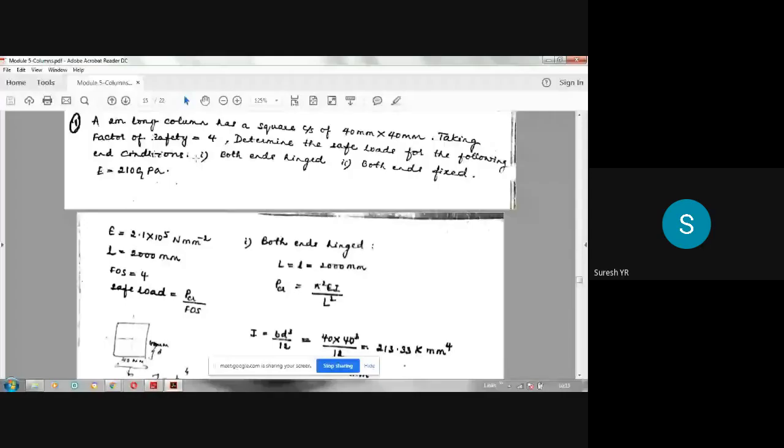Safe load is given by maximum load divided by factor of safety. Maximum load is your PCR, so PCR divided by factor of safety gives the value of safe load.